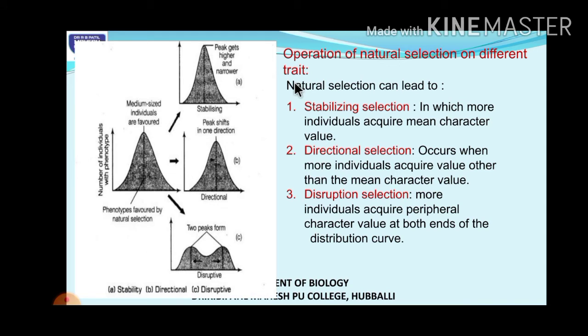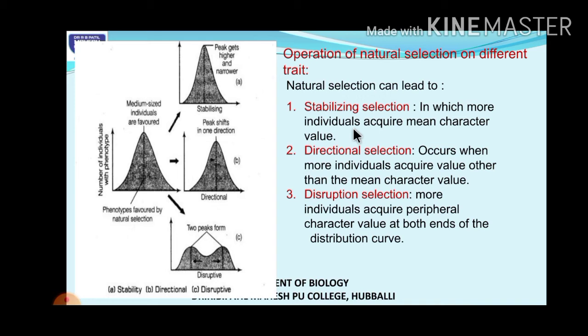Then this is another important question. Even for competitive exams, one diagram might be given like this, and they may ask you what type of selection it is, right? So these are the 3 types of selection which operate in natural selection. One is stabilizing selection, directional and disruptive selection. Stabilizing in the sense where the individuals acquire the mean character, that is extremes are gone, they mix up, that is they combine and form one stable character.